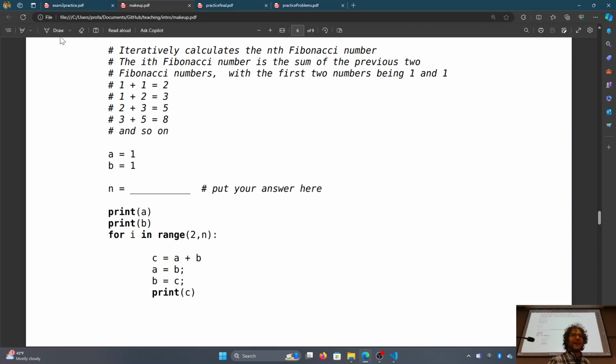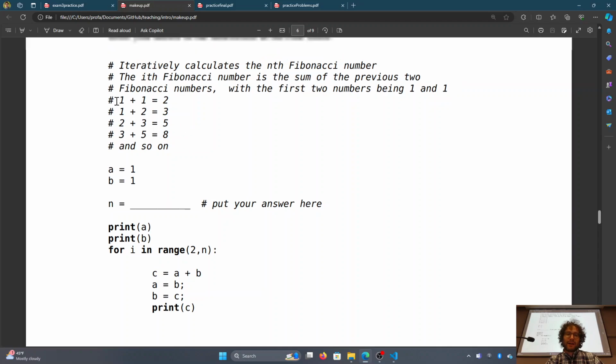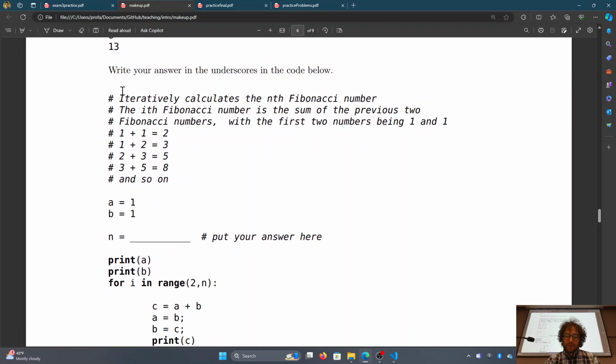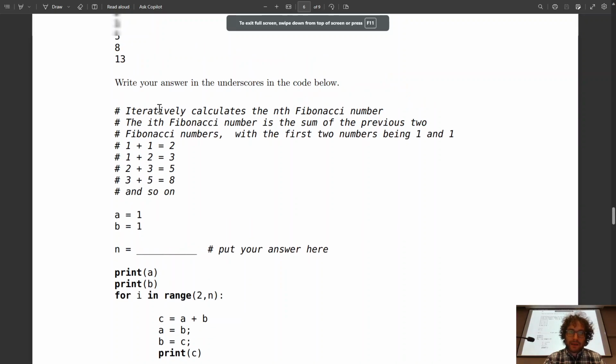That means it's bad. But anyway, a Fibonacci number is simply the sum of the previous two. So I defined the first numbers here being 1 and 1. So 1 plus 1 is 2, 1 plus 2 is 3, 2 plus 3 is 5, 3 plus 5 is 8, and so on.